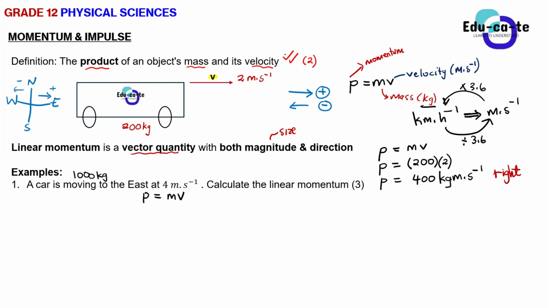Sam, I can see your hand. We said we choose east as a negative direction, so why are we saying positive to the east? No, east is positive and west is negative.